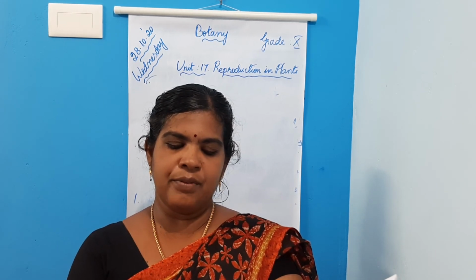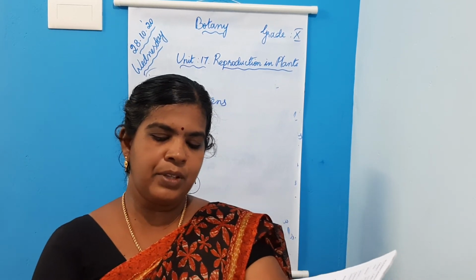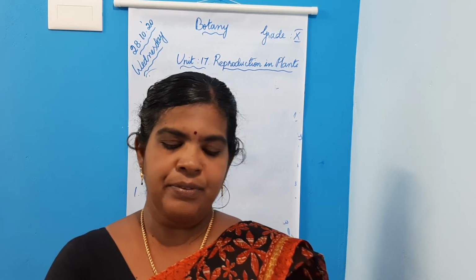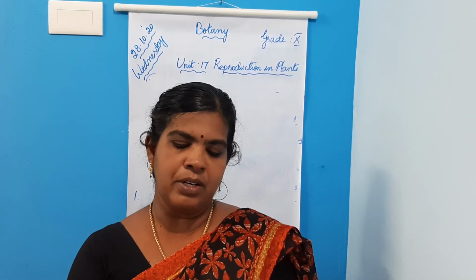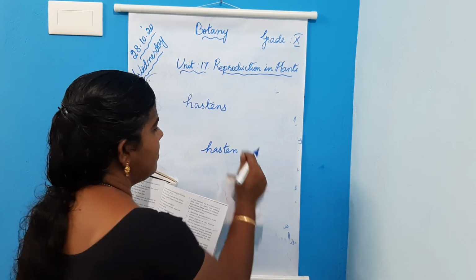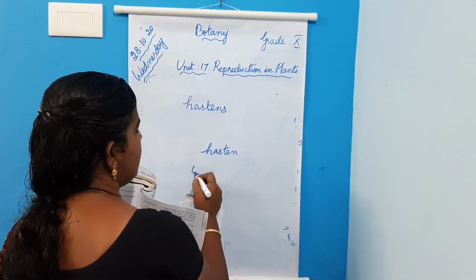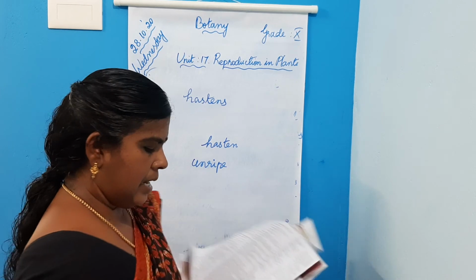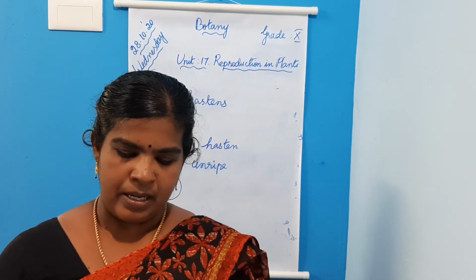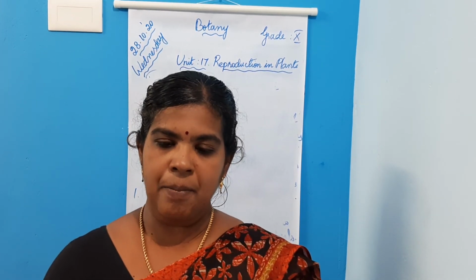Write down the answer: if the rotten fruits get mixed with unripened fruits, then the ethylene produced from the rotten fruit will hasten the ripening of unripe fruits.